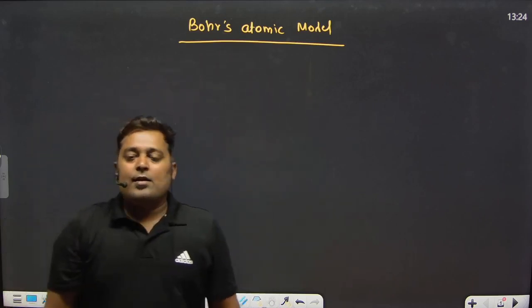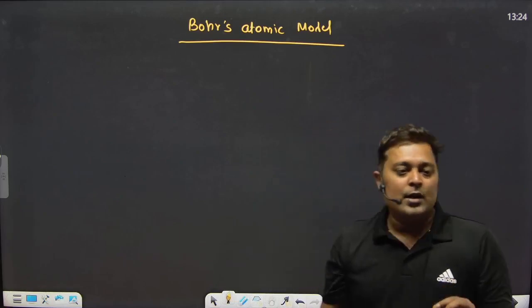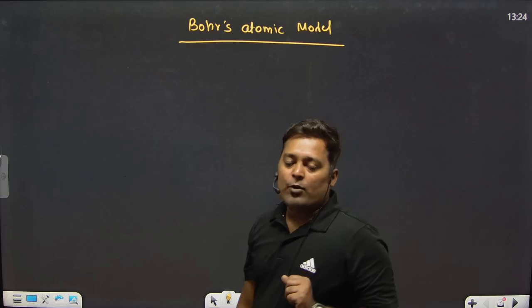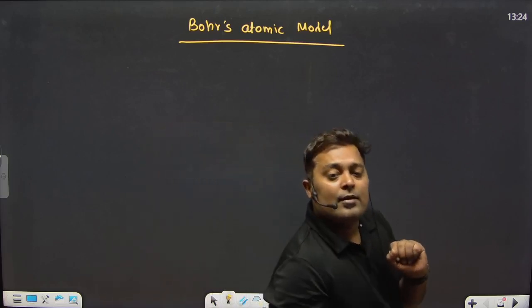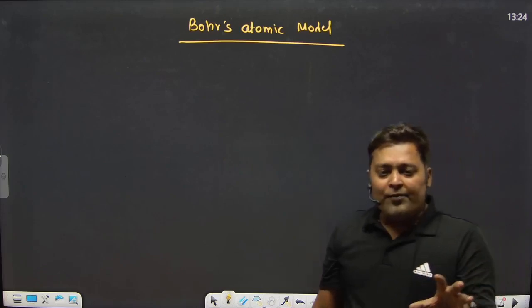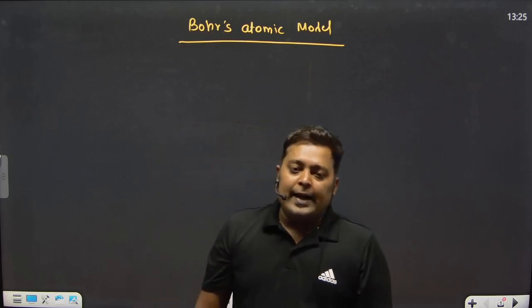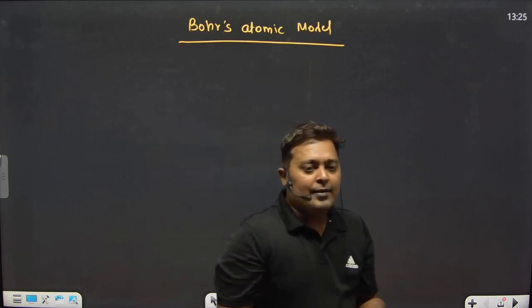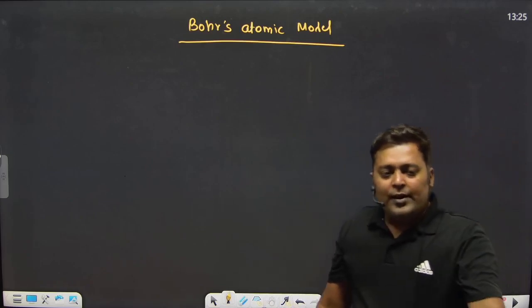Now this topic, Bohr's atomic model, becomes important because it helps us overcome the drawbacks of the Rutherford atomic model. If you remember, what was the drawback? According to Rutherford, the electron was revolving around the nucleus, with nothing fixed. The electron is a charged particle.